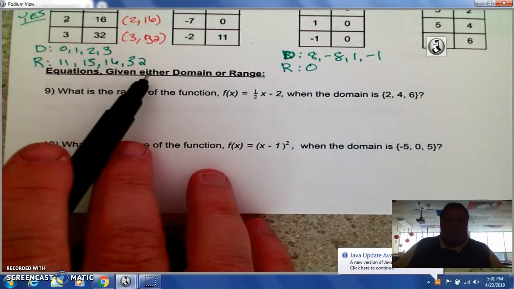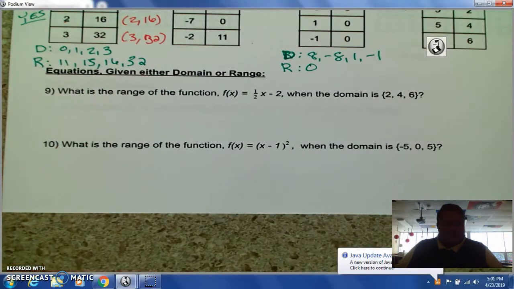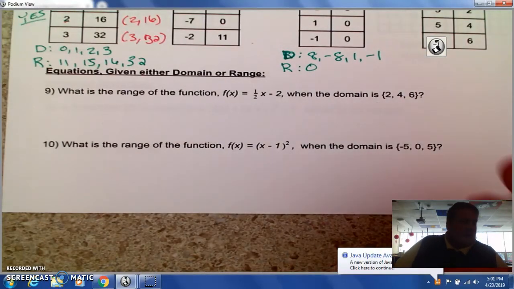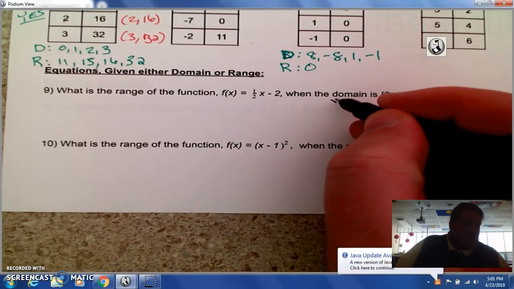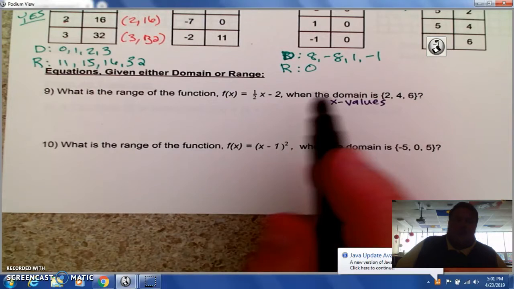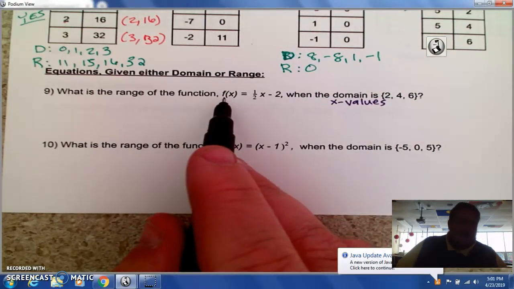Equations, given either domain or range. So, in this situation, it says, what is the range of the function f of x equals 1/2 x minus 2 when the domain is 2, 4, and 6. So remember, domain are your x values. That's a fancy way to put x values. So plug those in for x, and it'll give you your range.